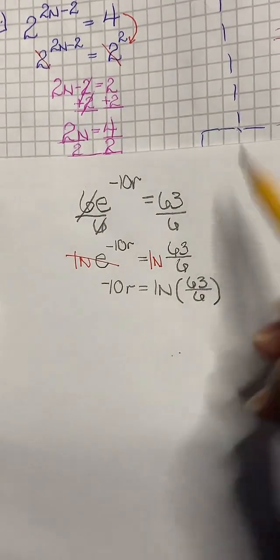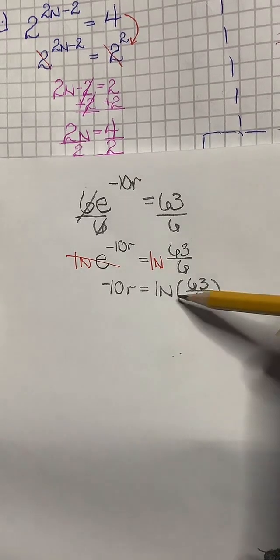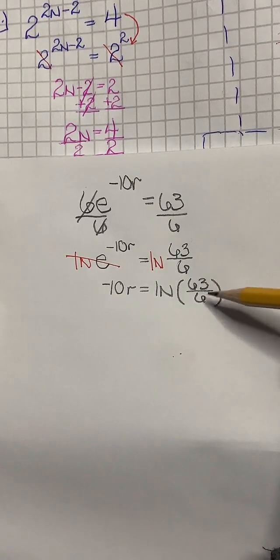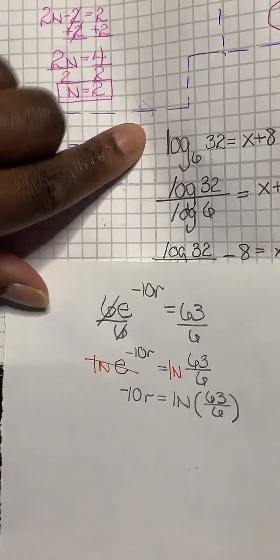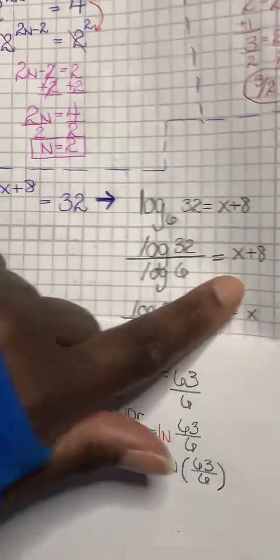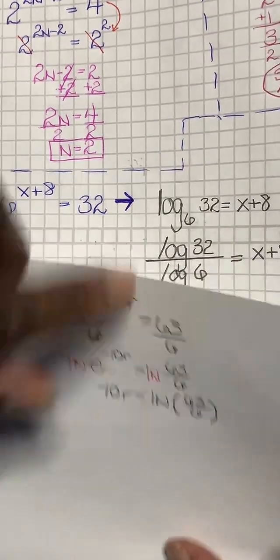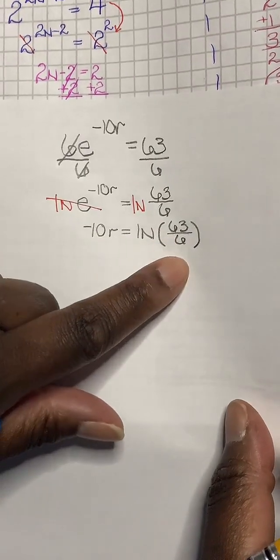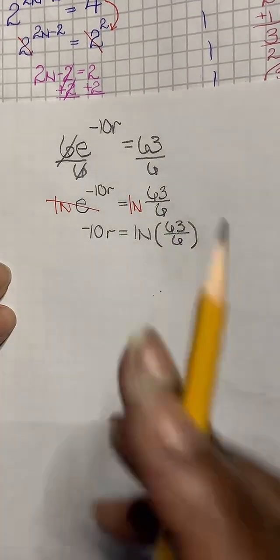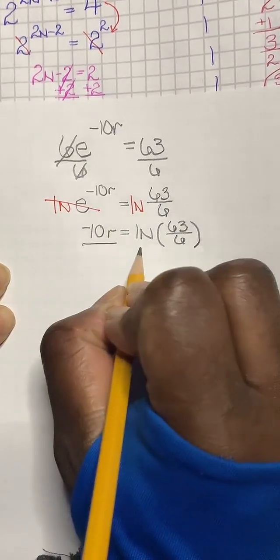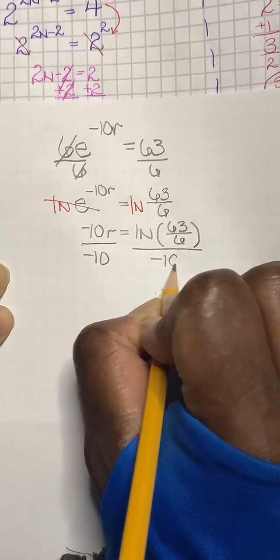Now, since this was supposed to represent a number, that's why we're not splitting it like how we did with the change of base, because it's not two separate bases. Okay? This is actually a number. So that's why we're going to put that all in one parenthesis. And then divide both sides by negative 10.